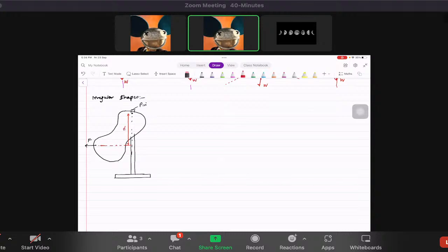Okay, now what happens is that we understand there is a perpendicular distance, and the force causes it to rotate like this.